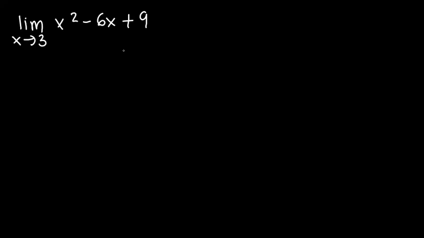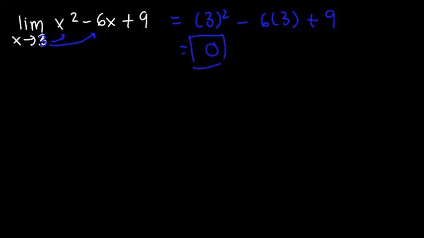We know this is a continuous function, so we can just plug in the 3 where x is. We get 3 squared minus 6 times 3 plus 9, which is equal to 0. So the limit is just equal to 0, because it's continuous, we can just make it equal to that point. You can also do this graphically, and you will find it is the same exact thing.